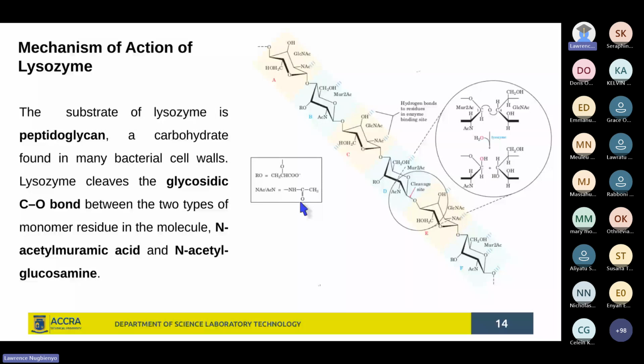So I was saying the bacterial walls are made up of two monomers, which are N-acetylmuramic acid and N-acetylglucosamine. These are derivatives of glucose molecules.